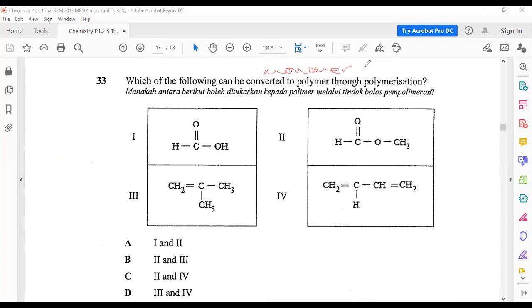I have mentioned many times, a monomer will consist of a carbon-carbon double bond. Okay, so which one has got a carbon-carbon double bond? At least one. This one double bond, okay, but then it is not carbon-carbon, so this one out. This one the same thing, out. This is the carbon-carbon double bond, so this is correct. Here has got 2, some more correct. Okay, so your answer is 3 and 4.